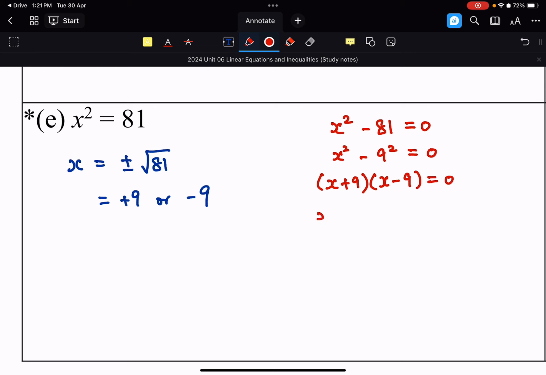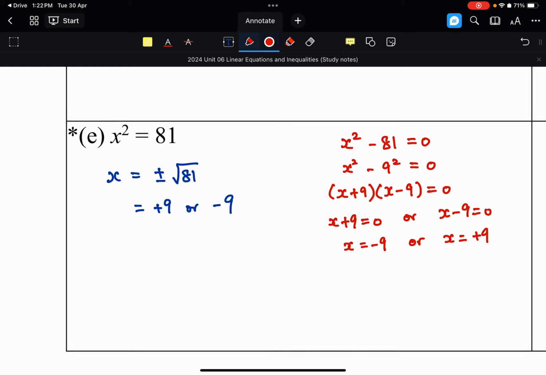Now, what it means is that x plus 9 is 0 or x minus 9 is 0, because when we have the product of two factors and it's 0, either one of them must be 0, right? So x equals negative 9 or x equals positive 9, right? So this is just to give you an awareness. We will deal with more quadratic examples in the future.